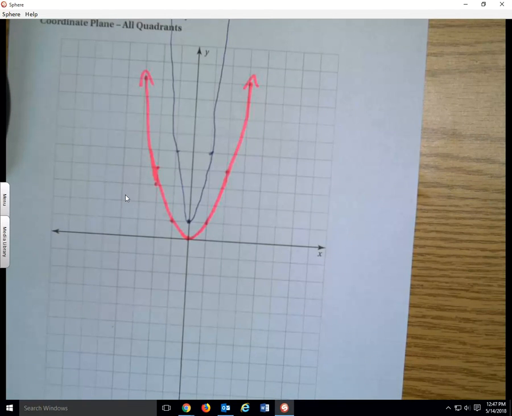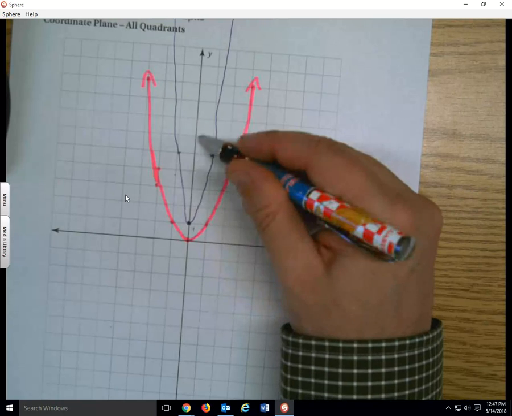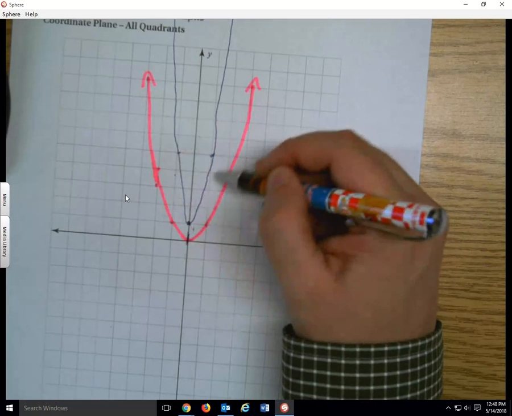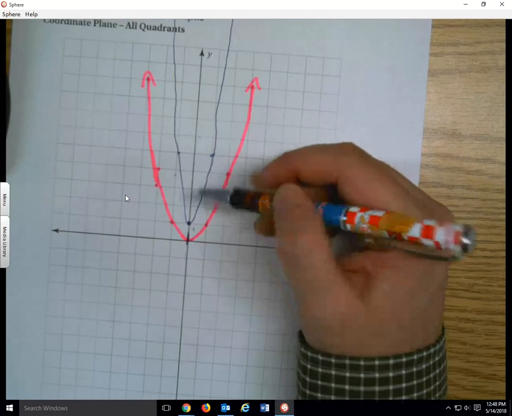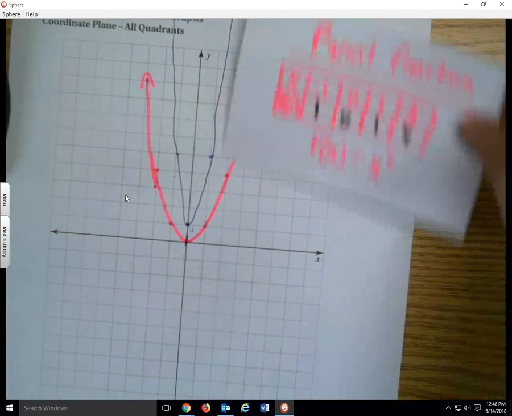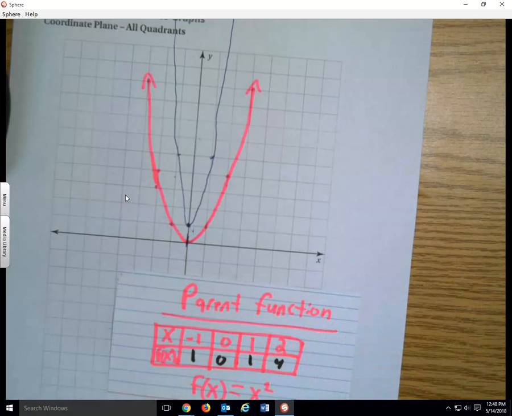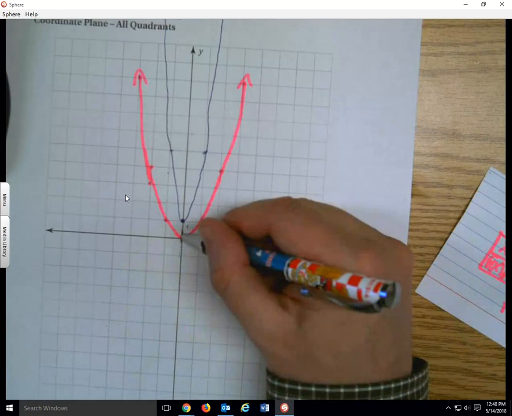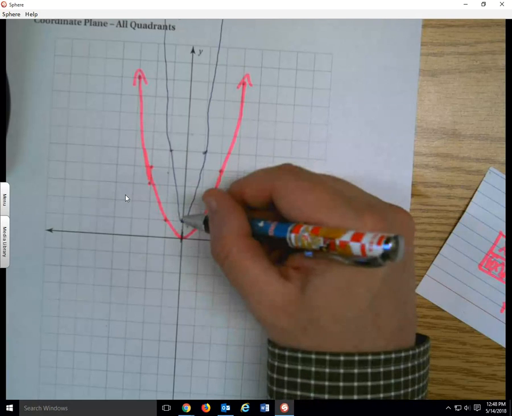Well, both graphs have the same axis of symmetry. If you are to divide this parent function in half, remember this is the parent function, right? I just had it on there before we started. If you were to divide it in half, so it's symmetric, you're also dividing this one in half.